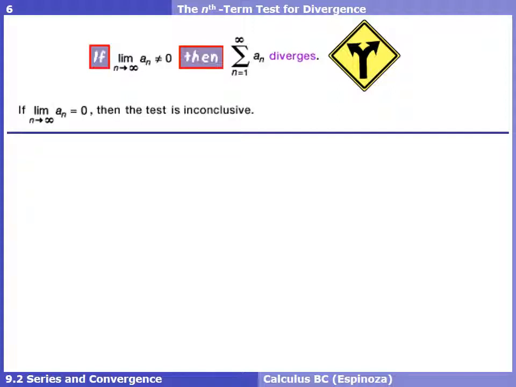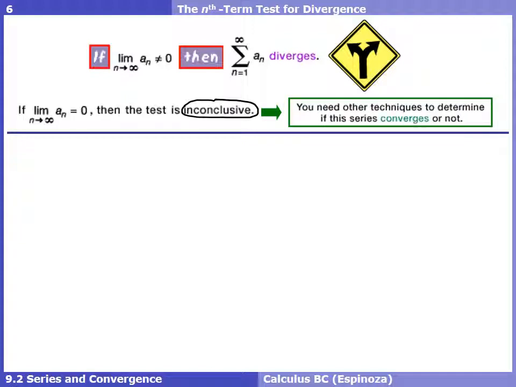And that's very, very important. But just like you saw in that last slide at the bottom, be very, very careful. If you take the limit of an infinite series and get 0, all we can say is, we don't know. The test is inconclusive. There is no conclusion we can draw from taking the limit and getting 0.